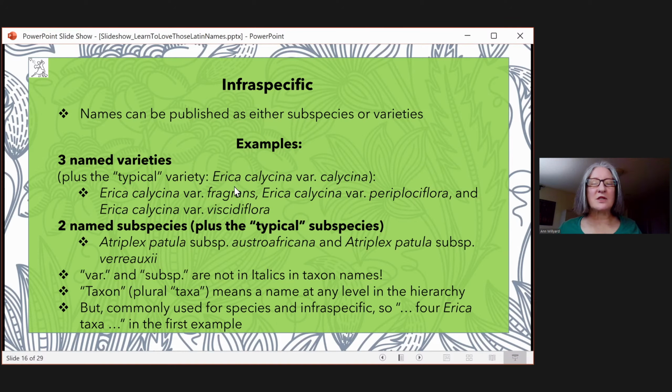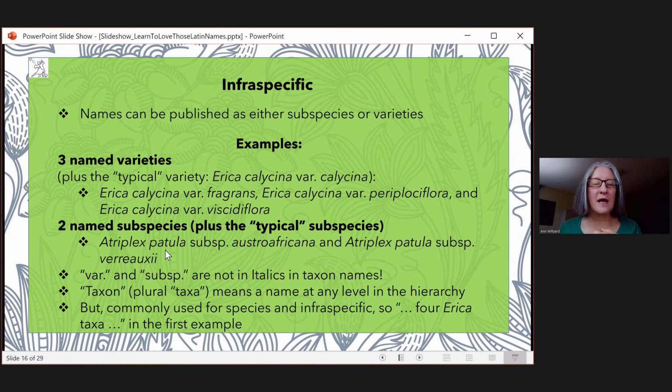So what happens was three infraspecific different subdivisions were published. And what that does is leave the rest of them in variety calcina, and that's called the typical variety. So when you have three named varieties, you have 4 taxa. And the same exact naming works with subspecies.